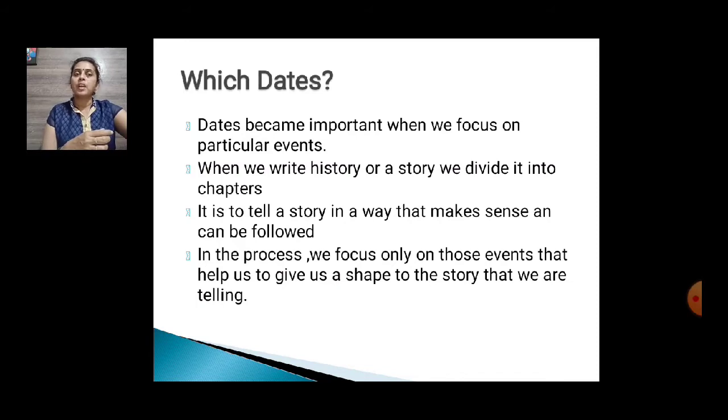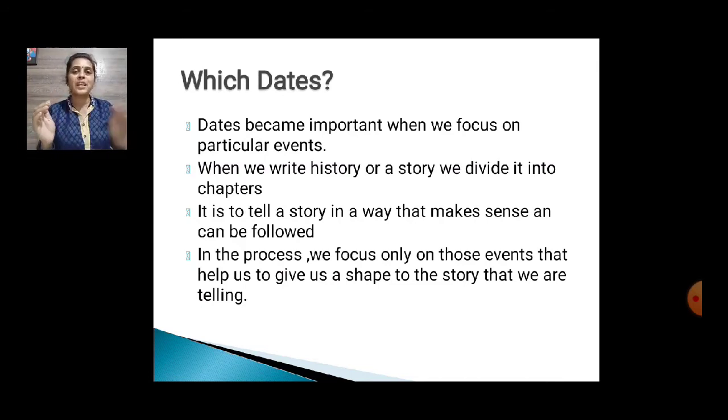When we write history or a story, we divide it into different chapters. Here also, as I told you, the modern period is divided into different chapters, from how, when and where, to the national movement or the freedom we got.